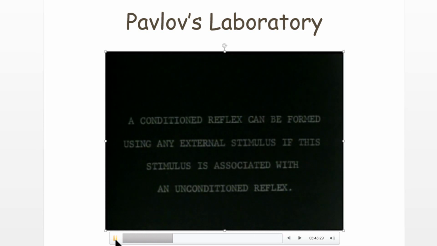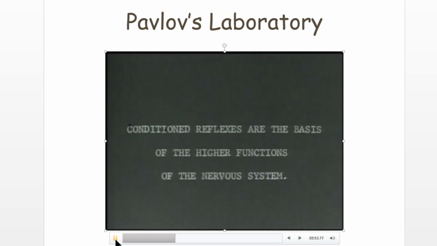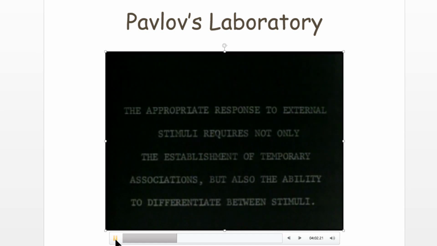What you're seeing now is that the metronome runs at a much higher rate, in which case they do not feed the dog, and then they will run it at a slower rate, in which case they will feed the dog, and then they can establish what's referred to as discrimination, establishing that the dog can tell the difference between the two speeds of the metronome.